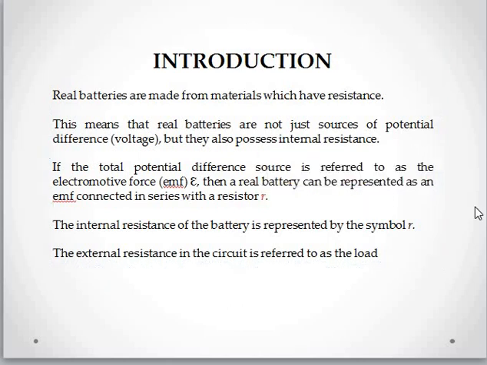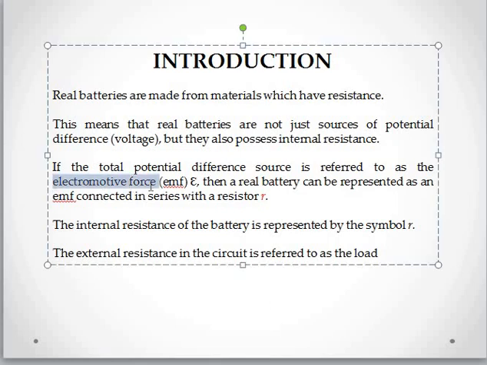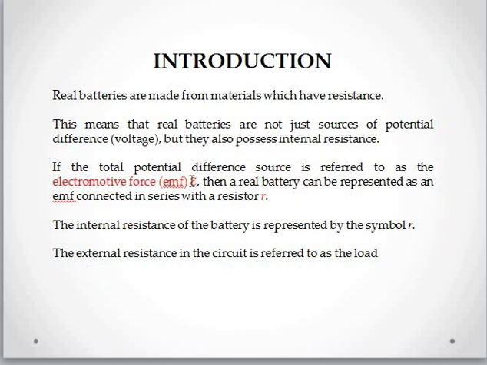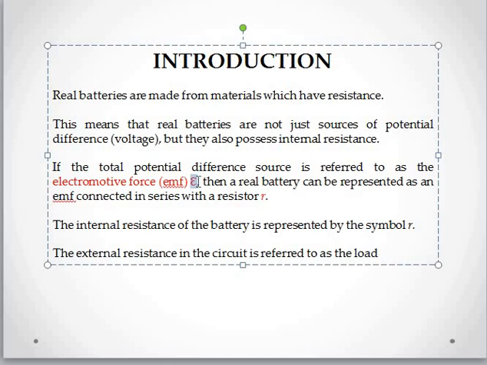Okay, and the total voltage that is going to be produced is known as the electromotive force. The total voltage that is going to be produced is going to be the electromotive force, epsilon. Okay, this is the epsilon symbol. This is the one that represents the electromotive force. What is the EMF? It is the total energy that is produced, or the total voltage that is produced by the battery.